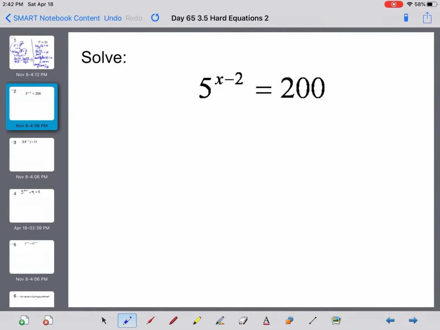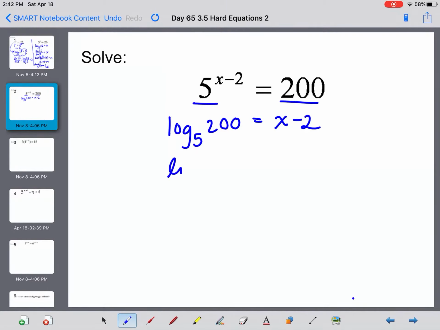All right, something like this is really no different, other than it's just a little bit funkier and we have to be careful when we type this in our calculator. I cannot rewrite 5 and 200 to have the same base. So my option here is to say log base 5 of 200 equals my exponent.